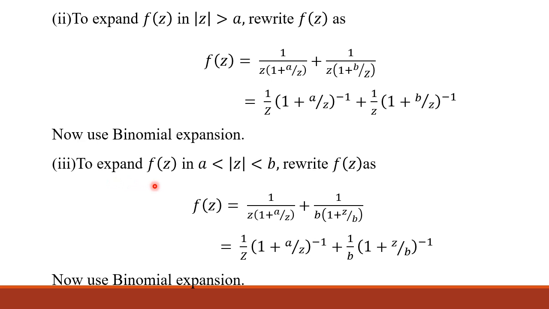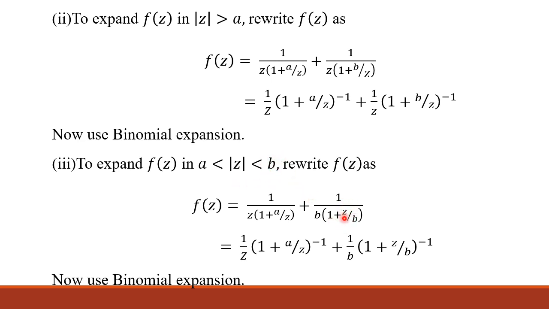To expand f(z) in the region a less than mod z less than b, we split the region as a less than mod z and mod z less than b. For the relation of a and mod z, we take z outside, and for the next relation, modulus of z less than b, we take the constant b outside.